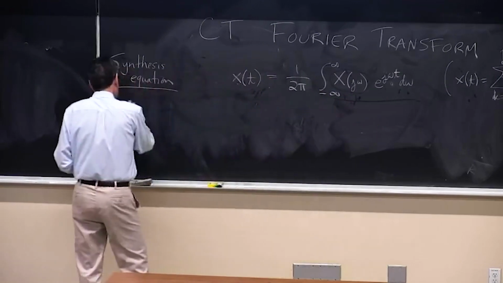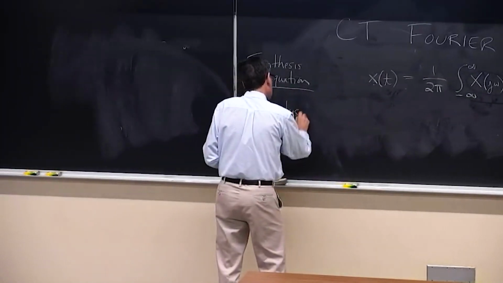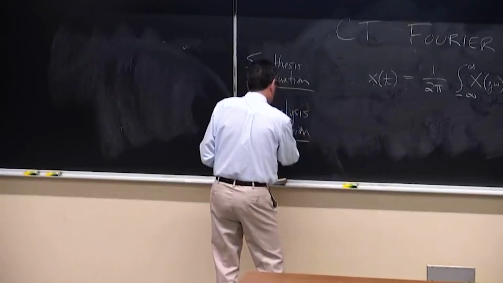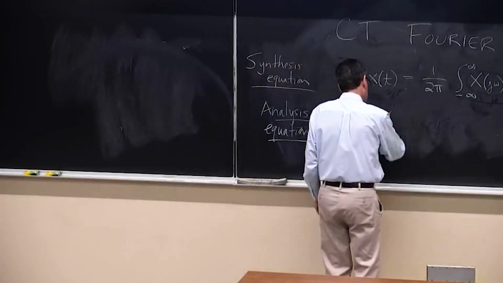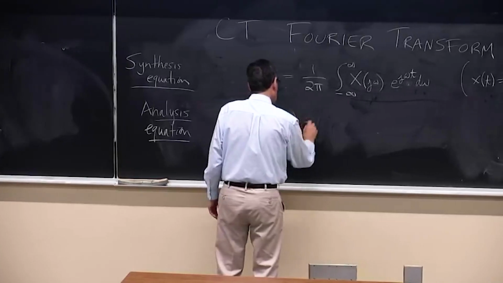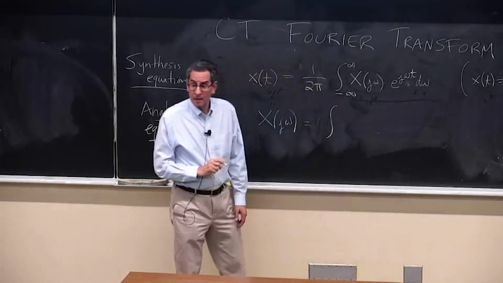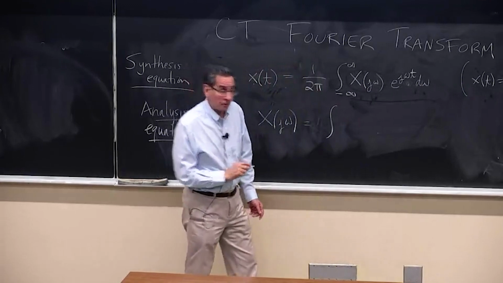Then we have the analysis equation, which tells us what this mysterious X of j omega is. And the formula is going to look very familiar to you because it's exactly the same formula that we used to define the frequency response of a filter.